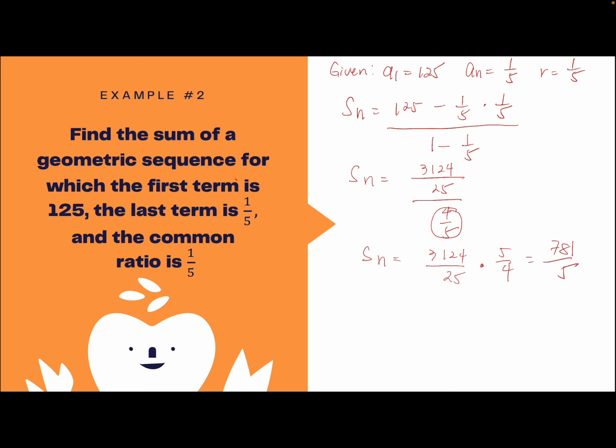So S sub n is 781 over 5, or in mixed fraction, 156 and 1/5. That is the answer for example number 2.